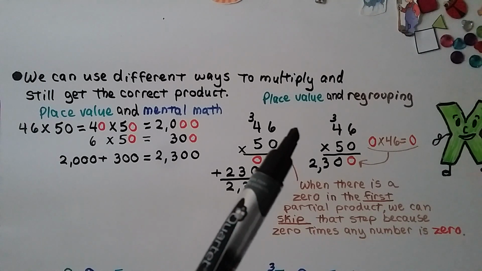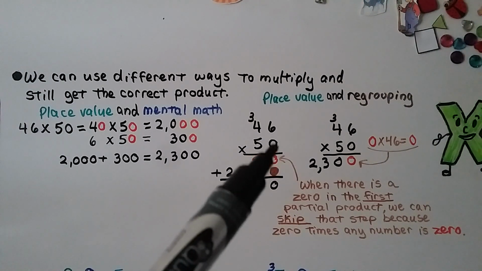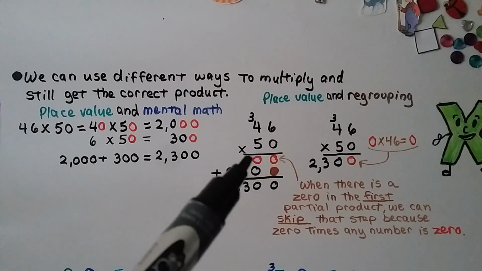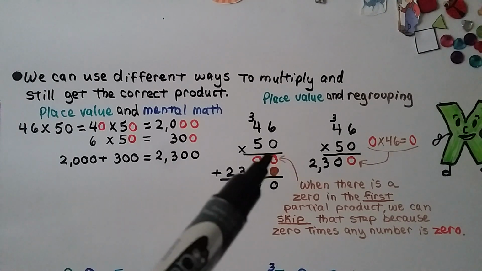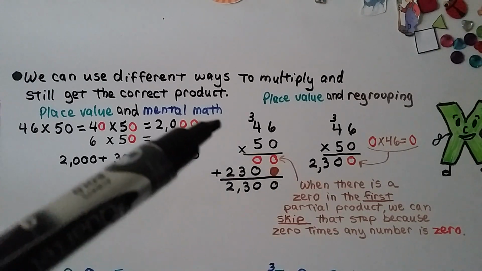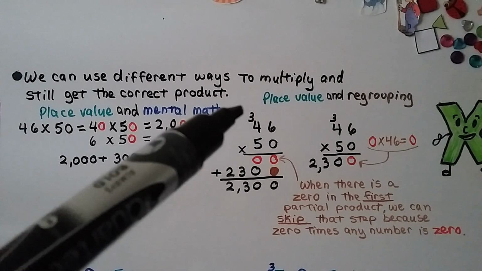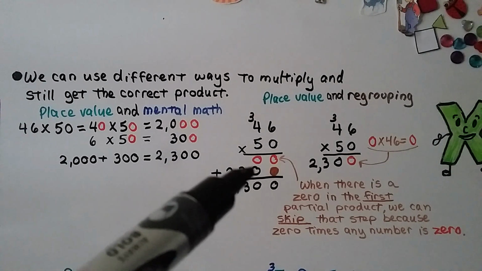We can use place value in regrouping. We have 46 times 50. We do 0 times 6, which is 0, and 0 times 4, which is 0. So we have 2 zeros here. We're doing 0 times 46. Now we go to the tens place and do 5 times 6, which is 30. We regroup the 3 and put the 0 down here.